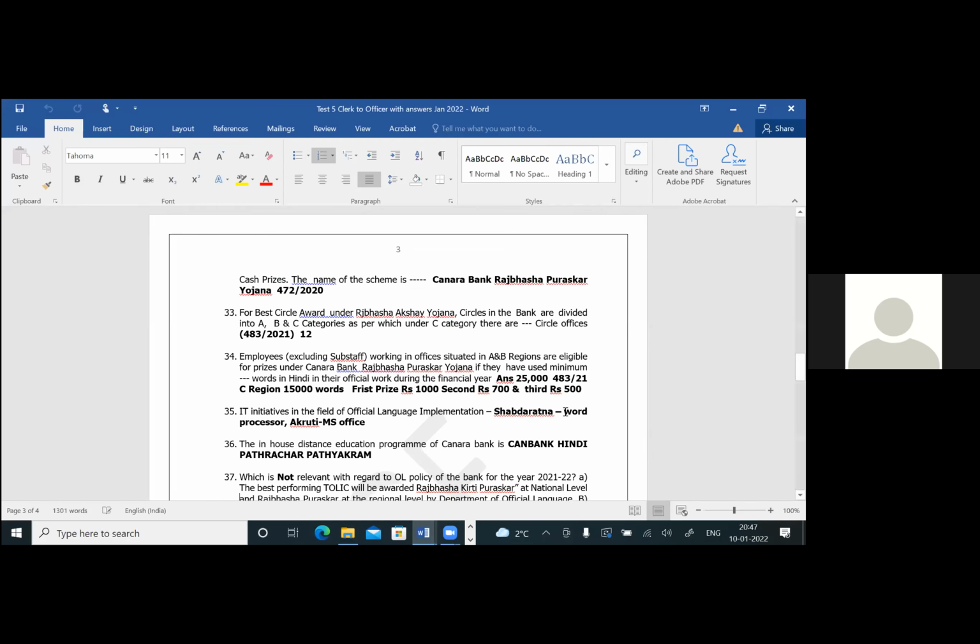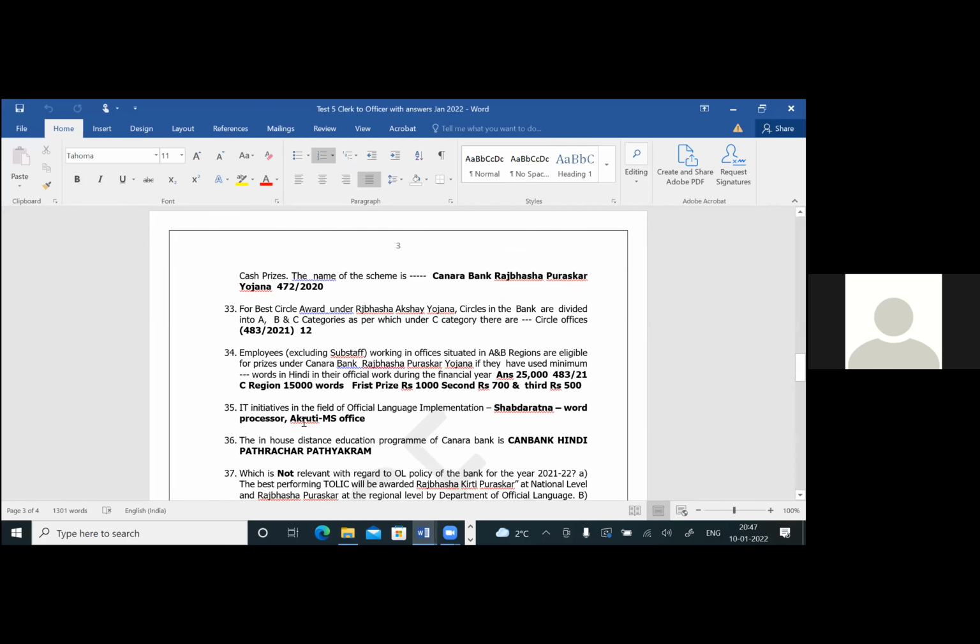Then question number 35. The IT initiative in the field of official language implementation in the bank is Shabda Ratna in word processor; in MS Office it is called Akruti. Then the in-house distance education program of Canara Bank is Canara Bank Hindi Patrachar Patrika.